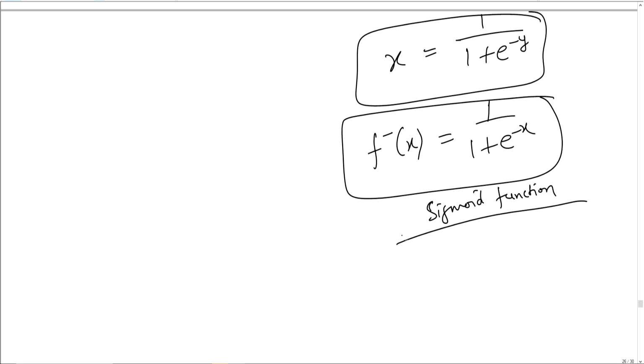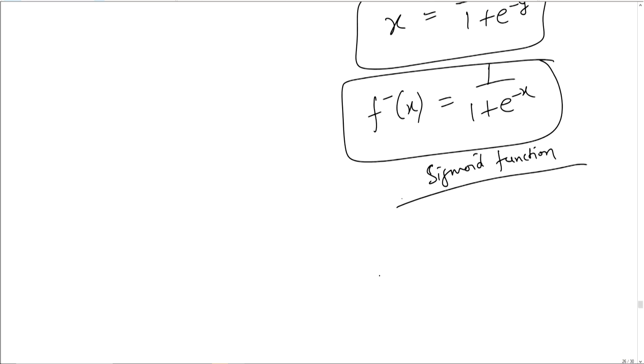Okay. And this is a very useful function in logistic regression, in machine learning, in artificial neural networks, and the reason is this: x can have any real value, any value between minus infinity and plus infinity.